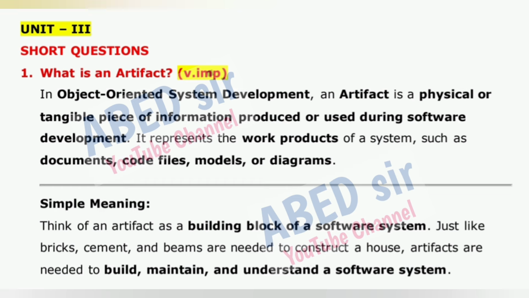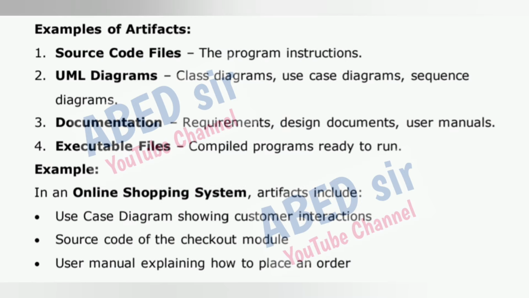Just like bricks, cement, and beams are needed to construct a house, artifacts are needed to build, maintain, and understand a software system. Examples of artifacts: 1. Source code files, the program instructions. 2. UML diagrams, class diagrams, use case diagrams, sequence diagrams. 3.